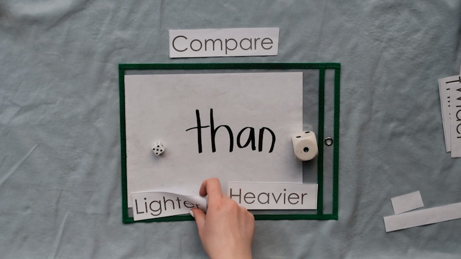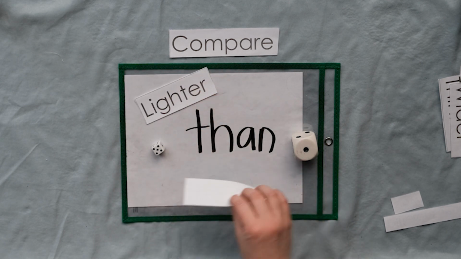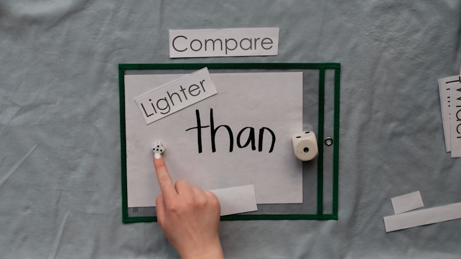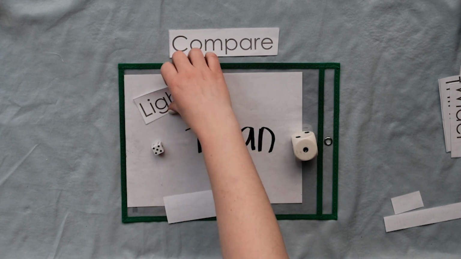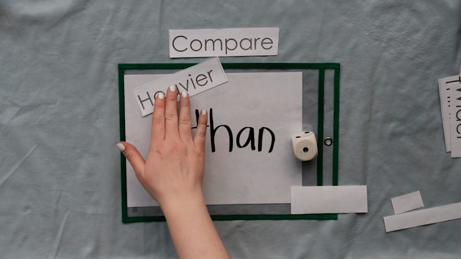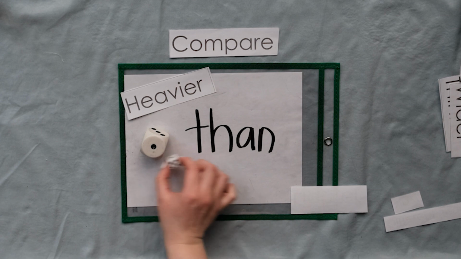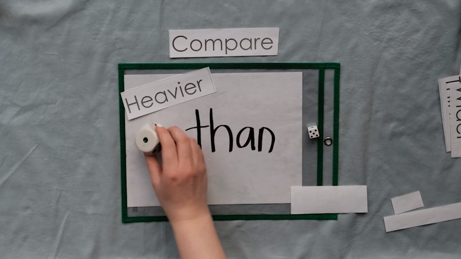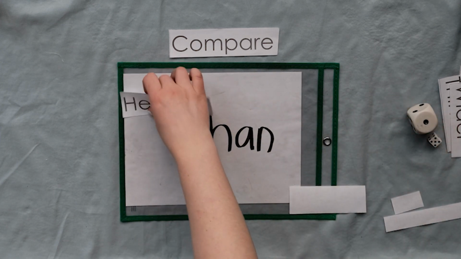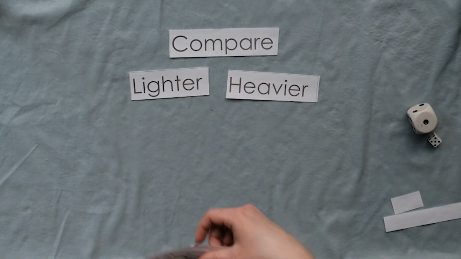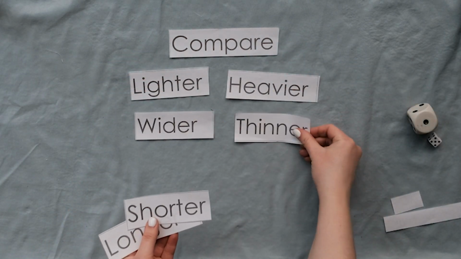Then I can go like this. This dice is lighter than that dice. If I want to use the word heavier, then I can switch them, because this is the heavy dice. So this dice is heavier than that dice. When we're comparing, we use words like this, right? Let's review them again, the words that we just learned.